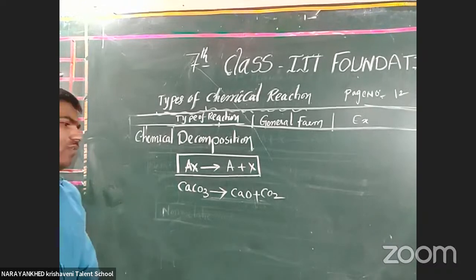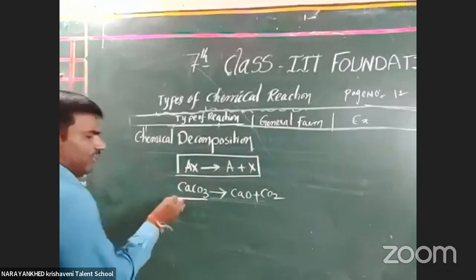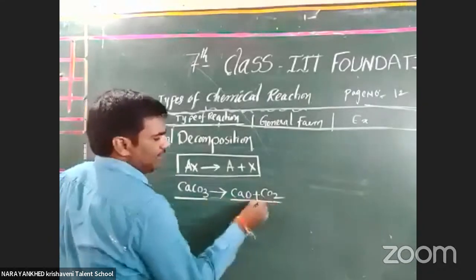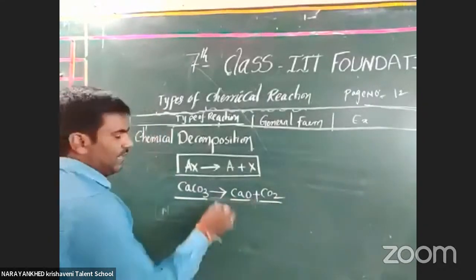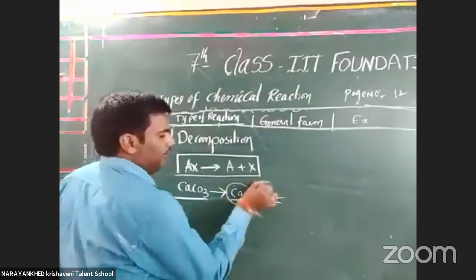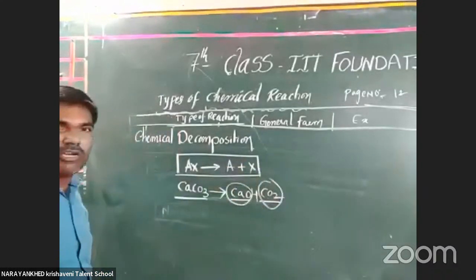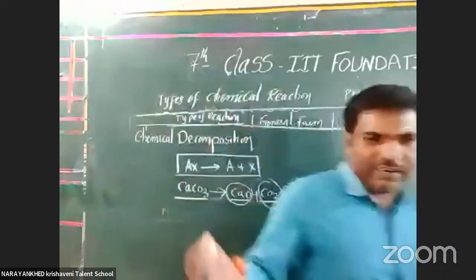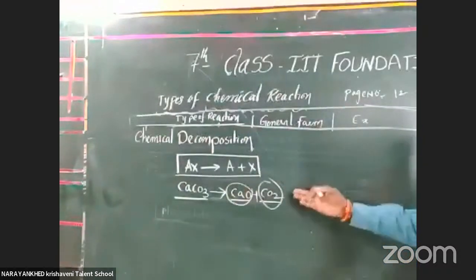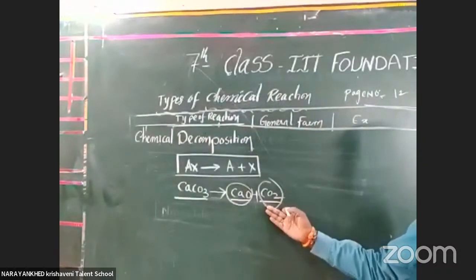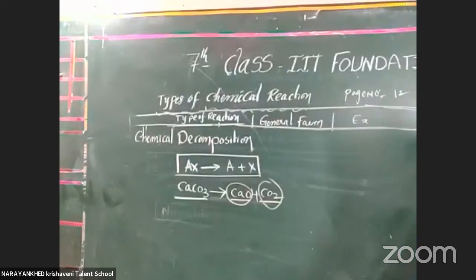This is the formula for a chemical decomposition. Calcium carbonate is dividing into two substances: calcium oxide plus carbon dioxide. Got it or not? When we heat it, lime is formed. Understand all of you? And this is called a decomposition reaction.